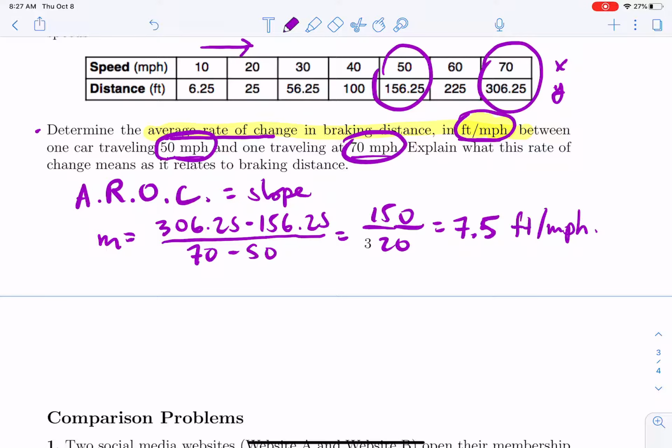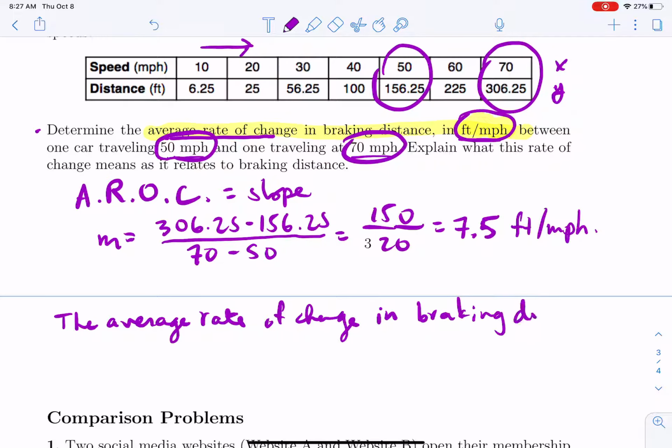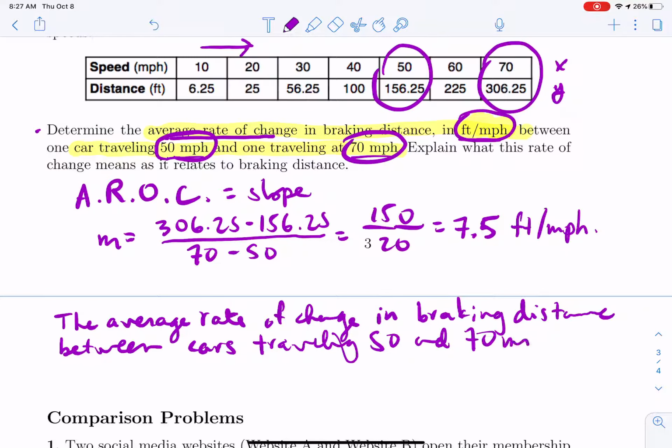So what this means is that the average rate of change in braking distance between cars traveling 50 and 70 miles per hour is, and now I'm just going to include my numbers, 7.5 feet per mile per hour.